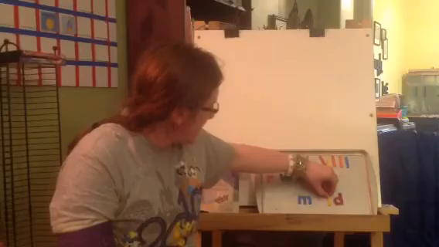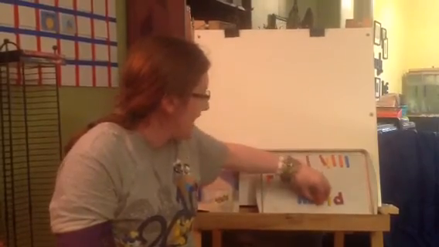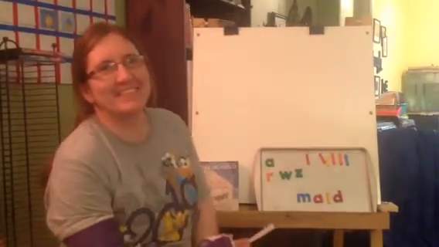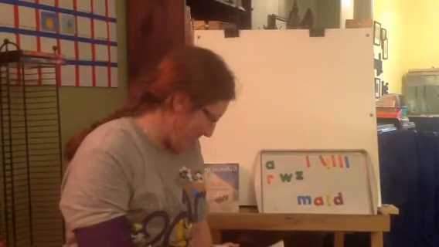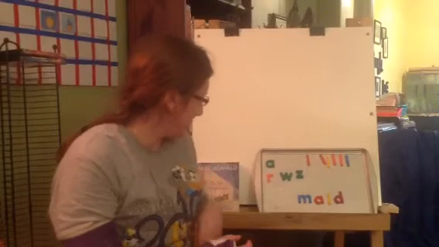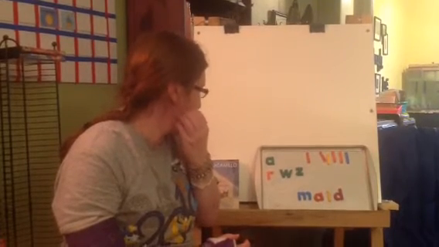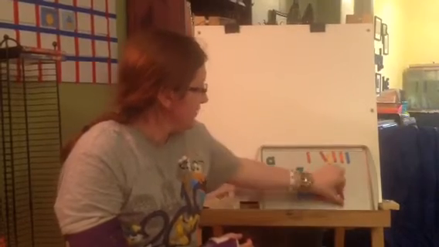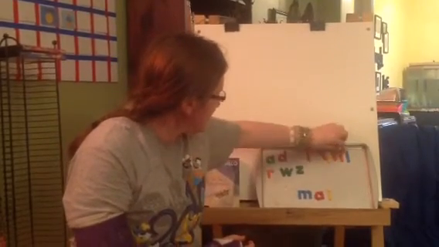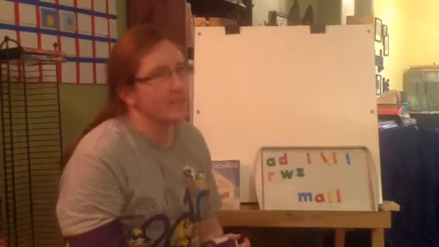Now I'm going to add an A to make what I wish I had, a maid who could clean up after you guys and me. If you don't have maid, add it to your list. Next I'm going to change the D to an L, mail.